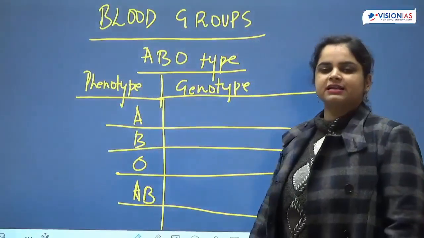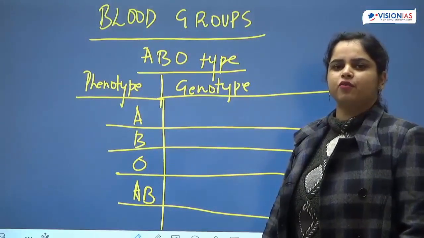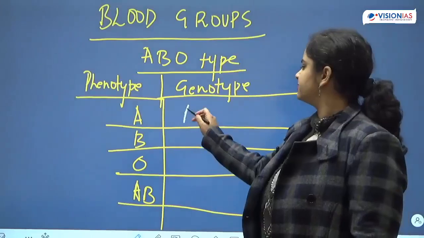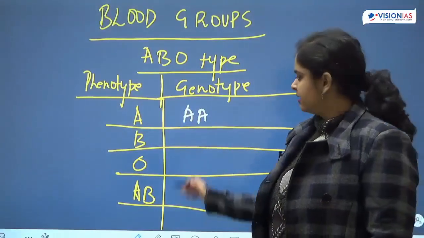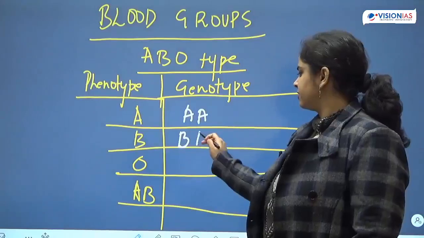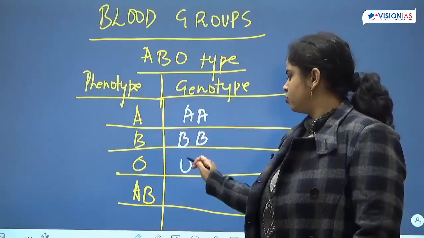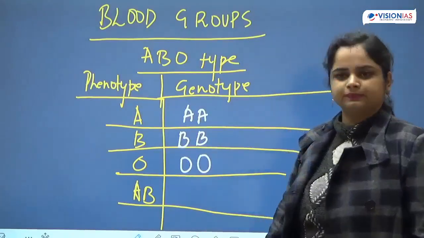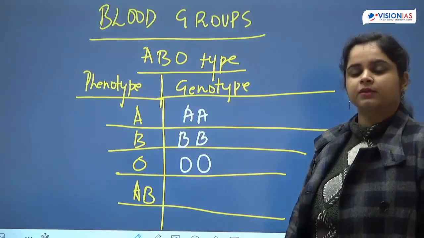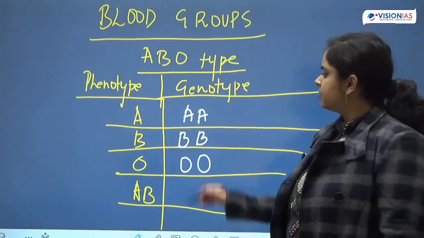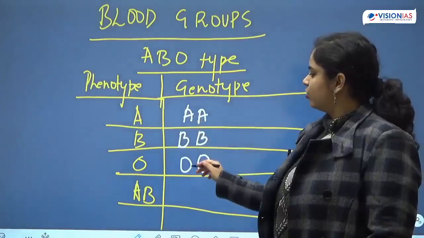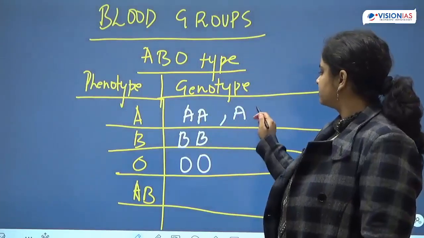So, just like we said capital T and capital T for tallness, for blood group A, we will say capital A and capital A, the two genes. B के लिए similarly we will say capital B, capital B. O के लिए we will say O and O. Okay. Now, if we talk about dominant recessive relationship between A and O, A dominates.